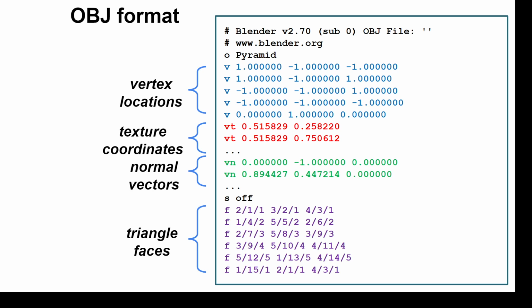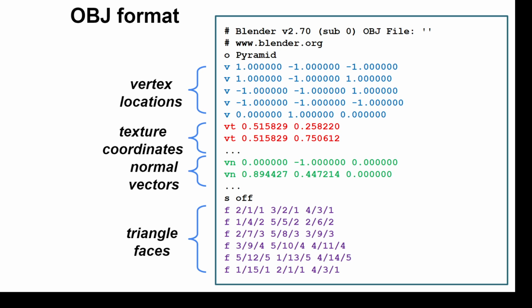After all the locations, texture coordinates, and normals are specified one at a time, then it turns them into faces. You can have triangle faces, n-gons, quads, and so on. So be careful if you do create your own OBJ file. Depending on the settings of the tool, you can wind up with quads and all kinds of crazy things. We like to have normal triangle faces. They're easy to deal with.